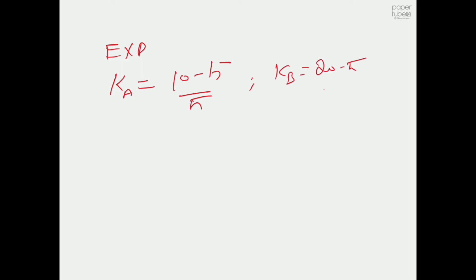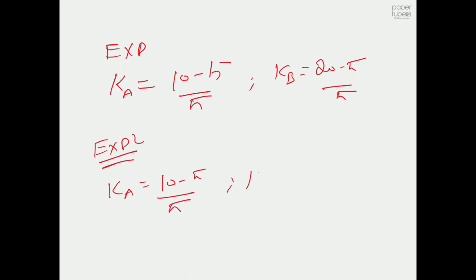So for experiment 1, K for A is equal to 10 minus 5 by 5, and K for B is equal to 20 minus 5 by 5. For experiment 2, Ka is the same, 10 minus 5 by 5, and Kb is equal to 20 minus 5 by 5.